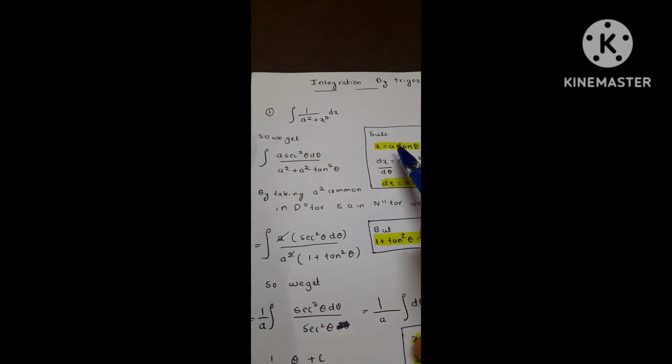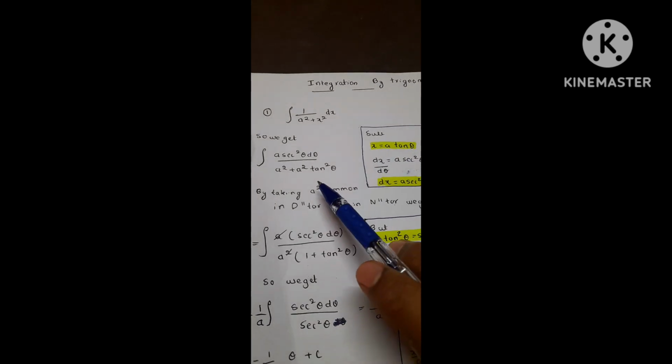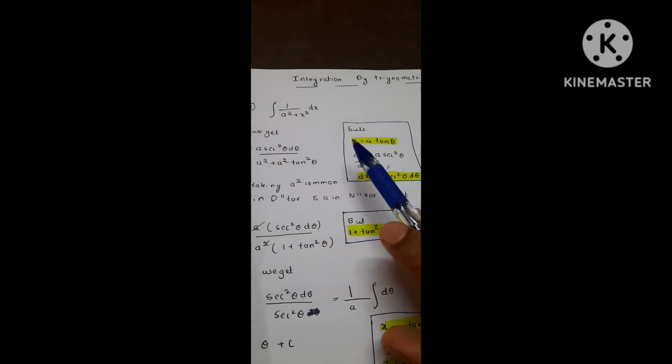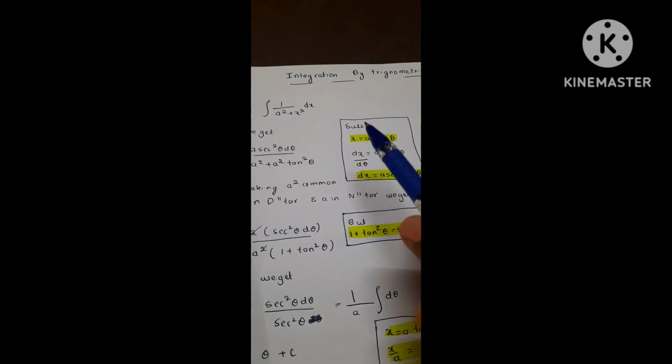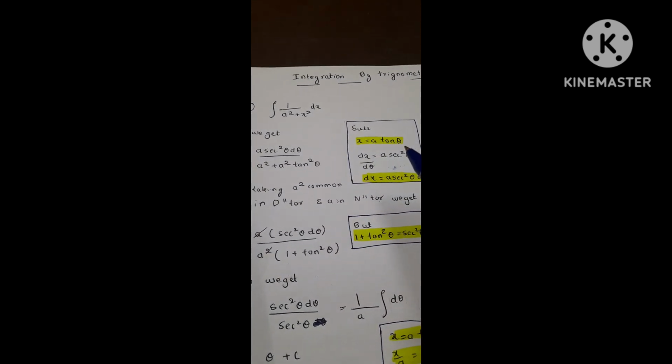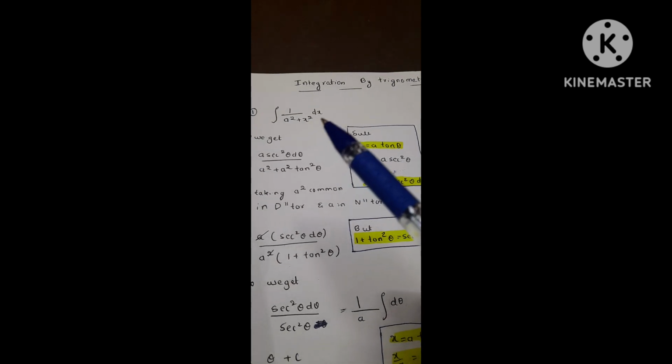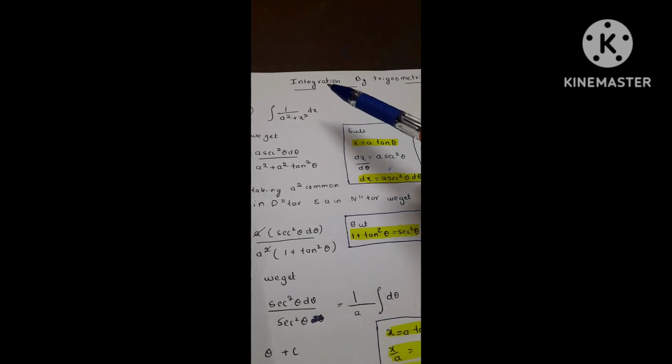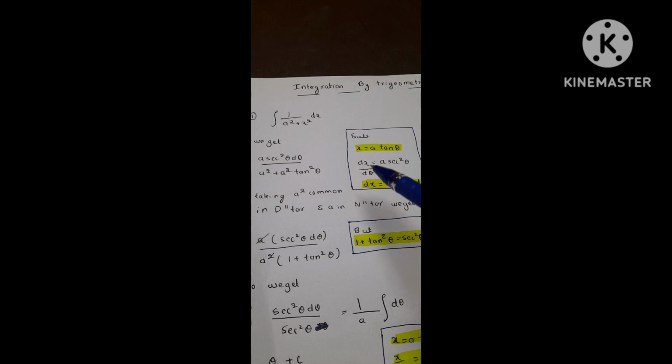If you substitute this in place of x, we want d theta, because we have substituted in the form of theta, so we have to replace dx by d theta. So we want dx in the form of d theta.